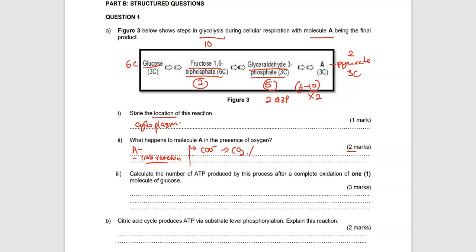Because during link reaction carbon dioxide is released, the remaining 2-carbon molecule produced will be acetate. Here you can mention the remaining two-carbon compound will be oxidized.